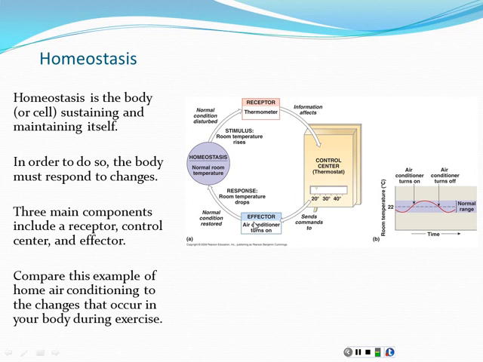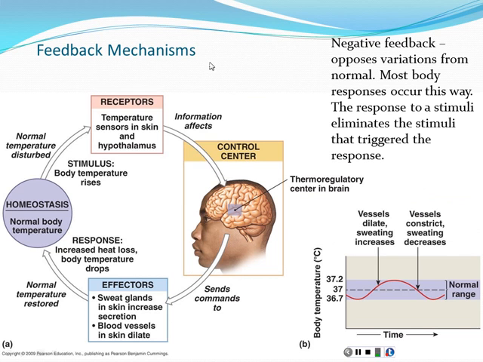It turns the air conditioner on, which lowers the temperature from 78 back down to 76. And once that occurs, then this feedback mechanism is turned off, because now we're back to homeostasis, so nothing needs to change. Now, the technical definition for this kind of a mechanism is called a negative feedback mechanism.